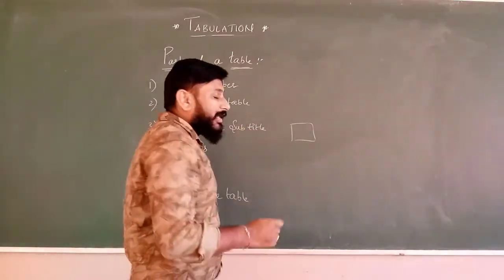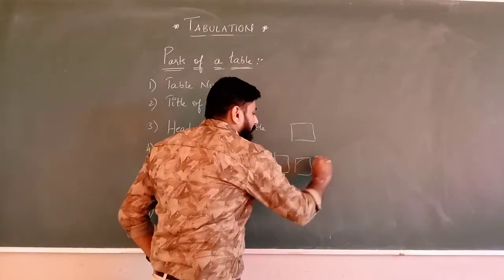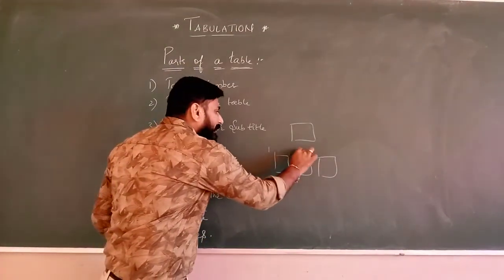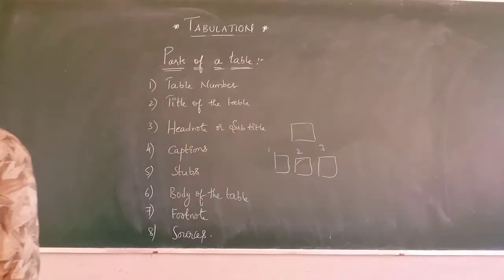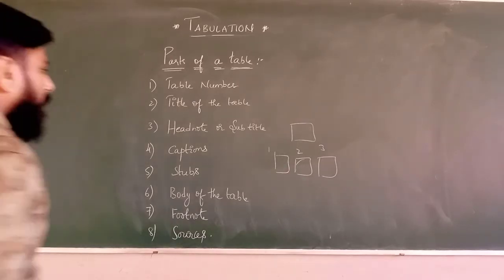And next one, if the data is vast, huge, more number of tables are required. In such situations, you need to give the table number as per the order, right? A number should be given to each and every table in order to distinguish and also for easy reference, right?